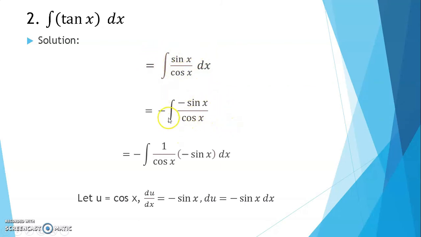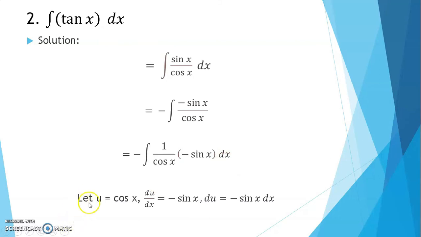So we can also rewrite it like this, because here you could say the derivative of cos x is negative sine x. So we can rewrite it as negative integration of 1 over cos x times (negative sine x dx).